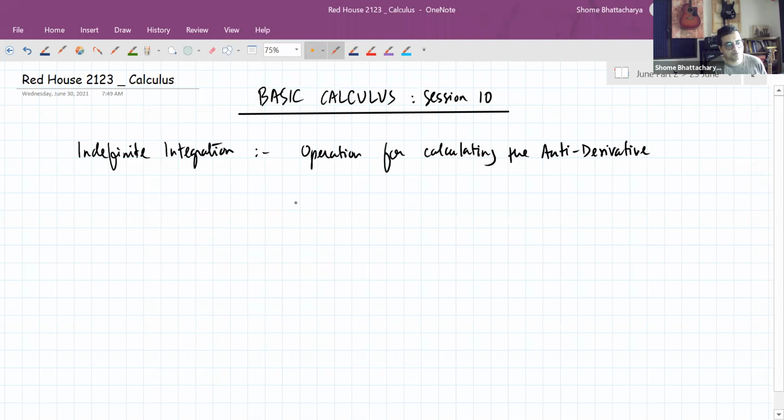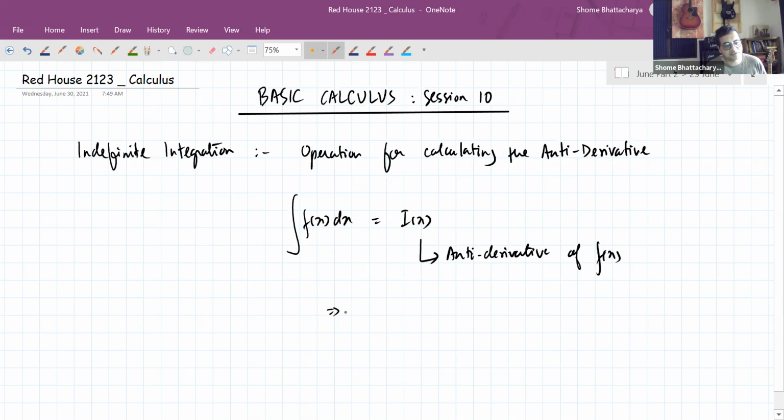When we perform the operation of integration on a particular function, it gives us another quantity which is called the antiderivative of the function f(x). The fact that it's an antiderivative means that if we differentiate it, then we get the original function f(x).